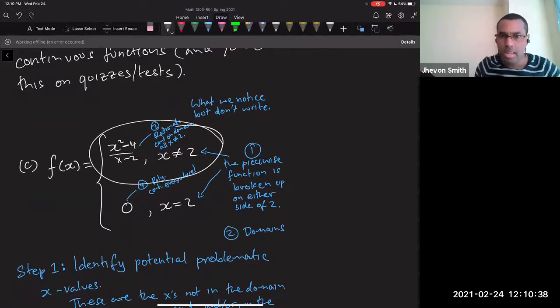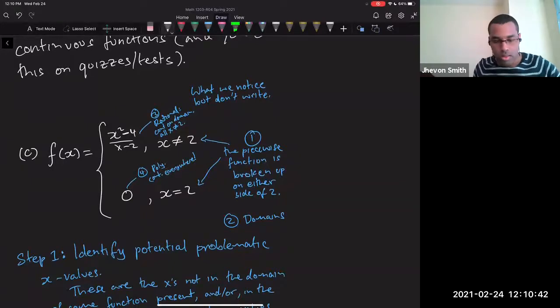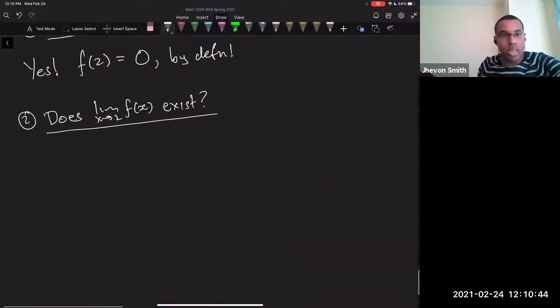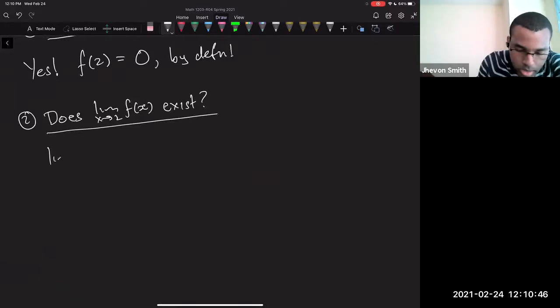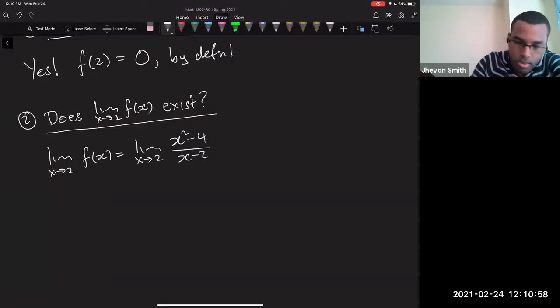Because the limit doesn't care about the other part, right? So does this exist? Well, the limit as x approaches 2 of f of x, that's the same as the limit as x approaches 2 of this expression, right?